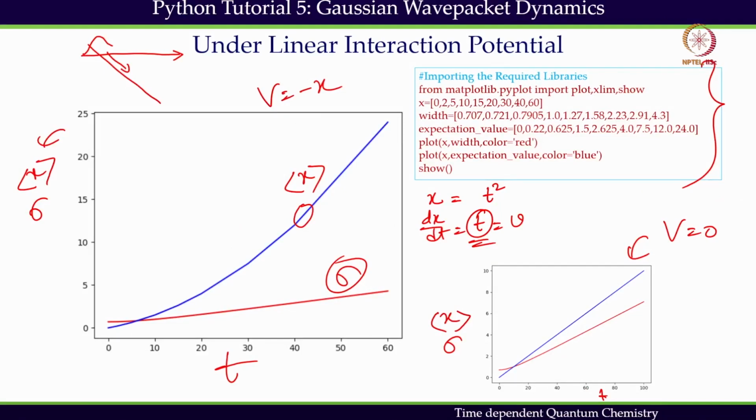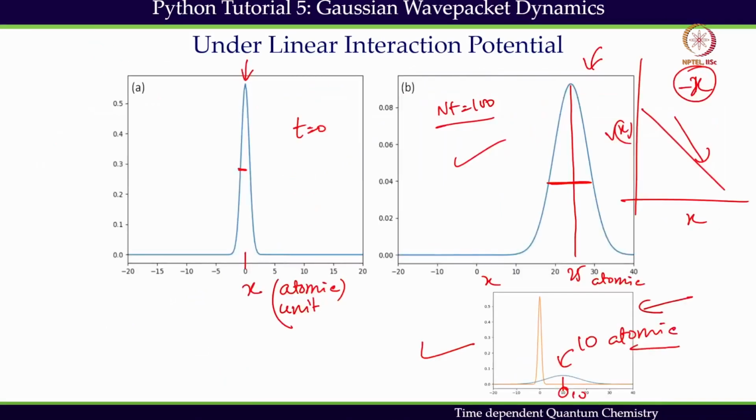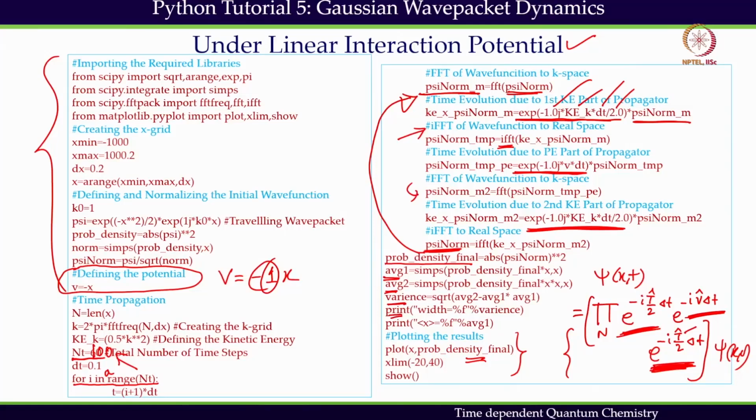So this entire procedure, particularly what we have given here, can now help anybody to express the wave packet dynamics following the symmetrized split operator approach. In order to implement this split operator approach, all we need to know is the potential.